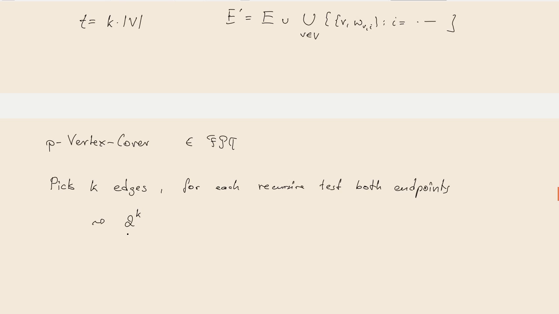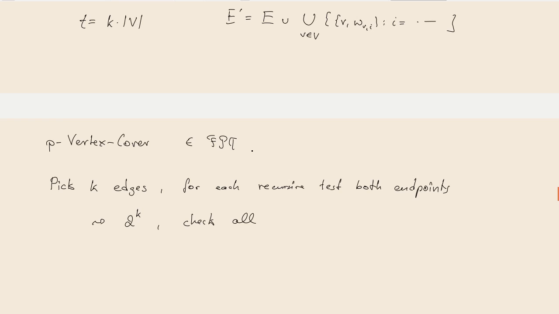But the solution that you get isn't necessarily a finished solution for vertex cover yet. That's true. But if none of these works, then there is no vertex cover of size k. So it's the decision problem, right? Is there a vertex cover with k nodes? And if the answer is no, then the answer is no, nothing to do about it.